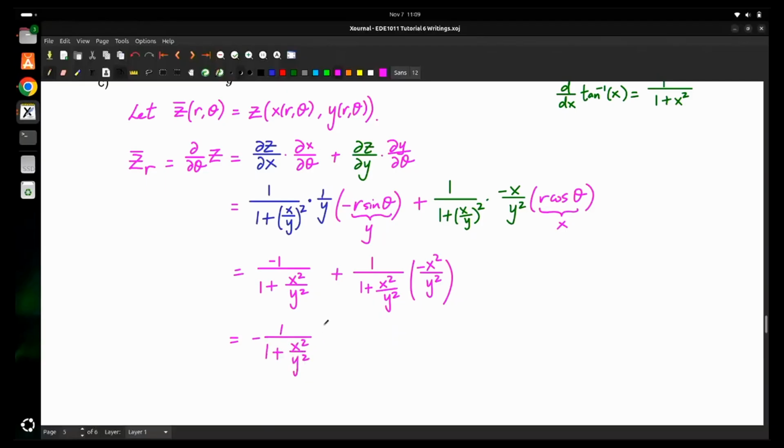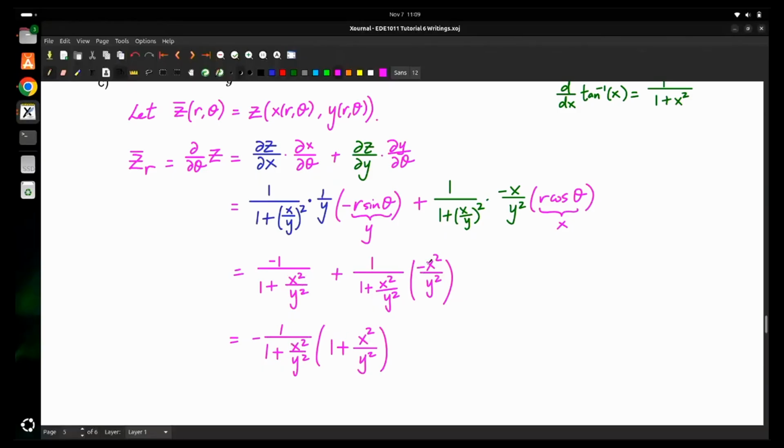Then this guy multiply by 1 plus x squared over y squared. Is that right? Because there's a 1 here, I factorize out the minus 1. Then the common factor is 1 over 1 plus x squared over y squared. If I multiply by 1, I get this term. Then I multiply by this term, I get the second term.